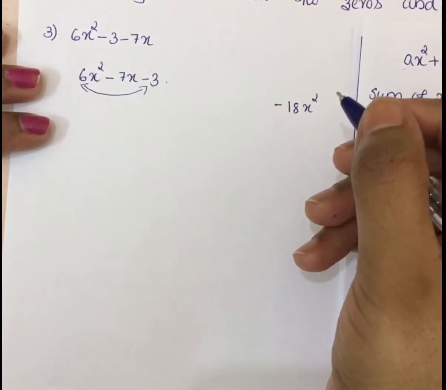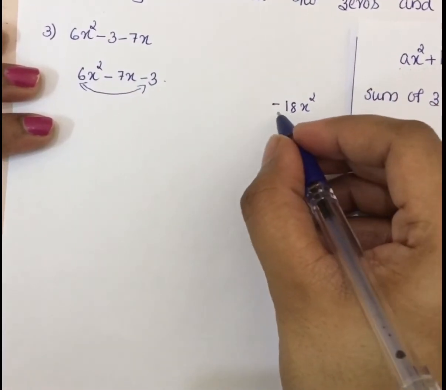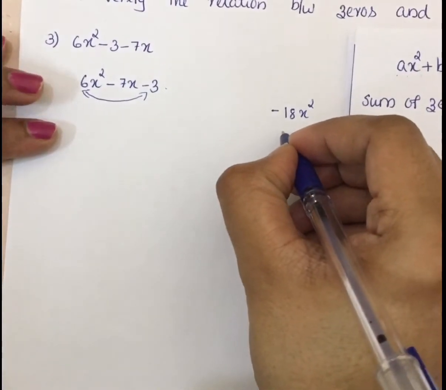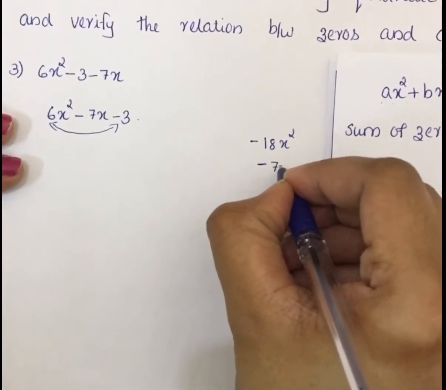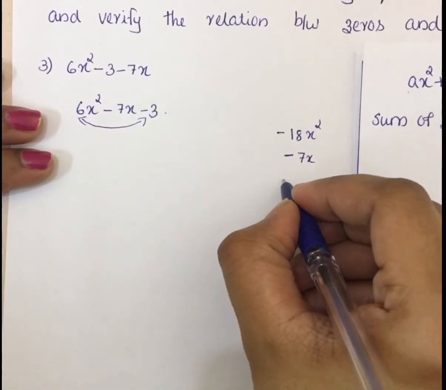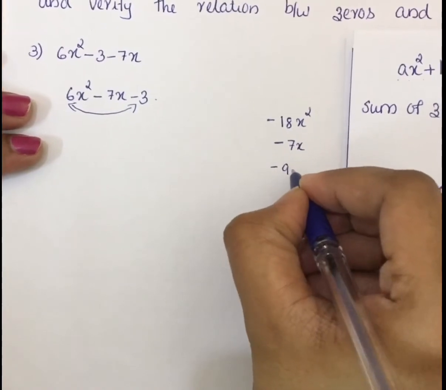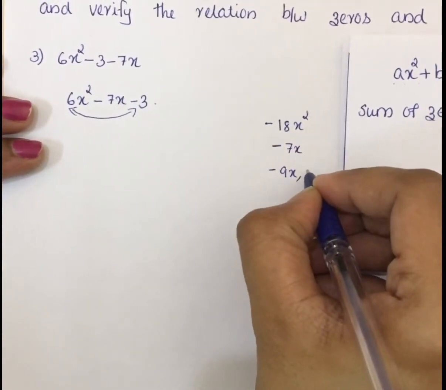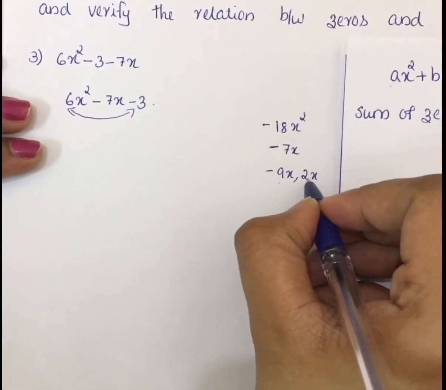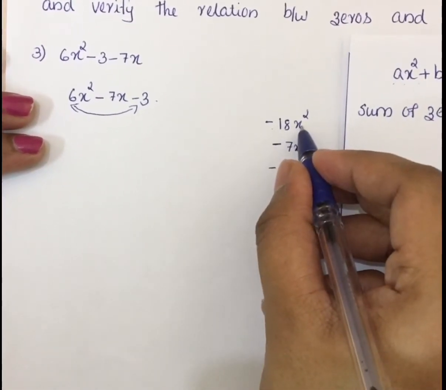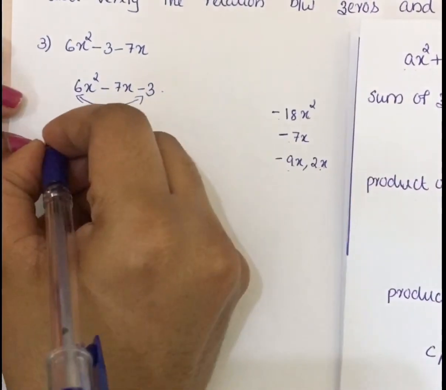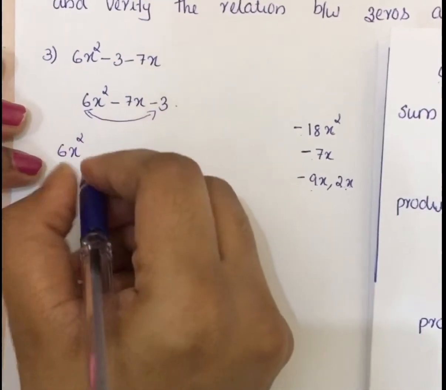So we have to find two terms whose product is minus 18x square and the sum is minus 7x. The terms are minus 9x, 2x. The product is minus 9x into 2x, which is minus 18x square, and the sum is minus 7x.